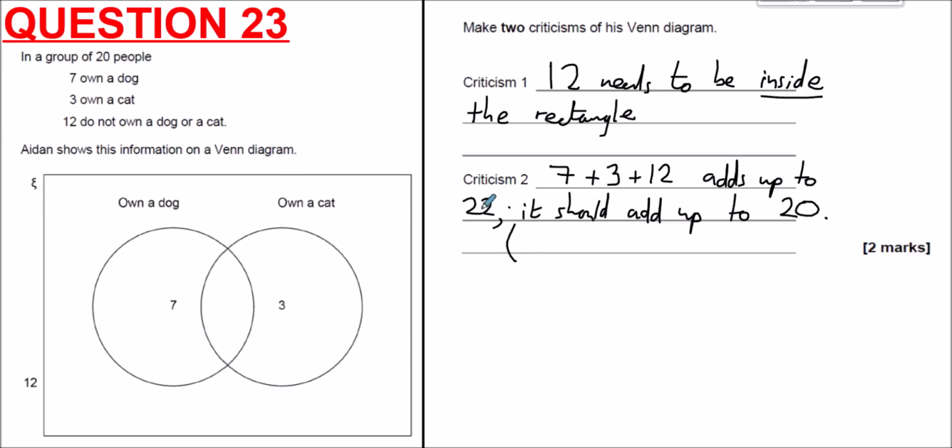Because we're 2 over the 20 limit, some of these people must have owned a dog and a cat. And so we can put this in here. So two people must own a dog and a cat.